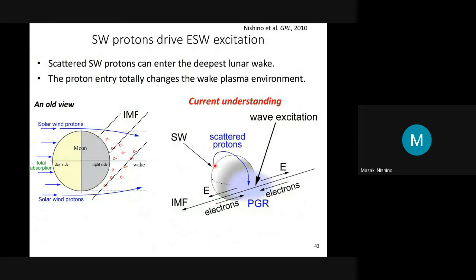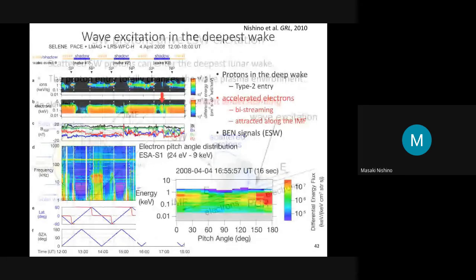Depending on the IMF strength and IMF direction, they have a very large gyro radius and can directly access the lunar night side region, as illustrated here.